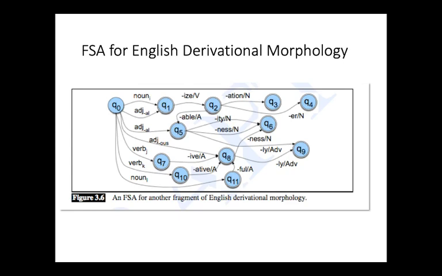So this is kind of a shorthand depiction of what a finite state automaton that recognizes English derivational morphology might look like. It's shorthand because for noun it really corresponds to a whole bunch of transitions. In fact, for each noun, you have a transition for each letter, basically.